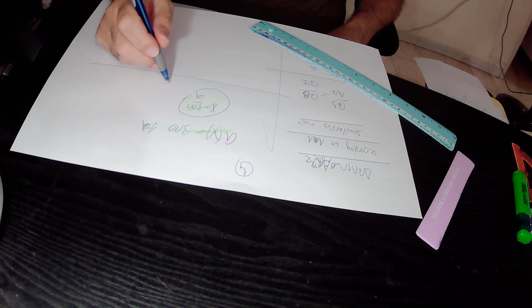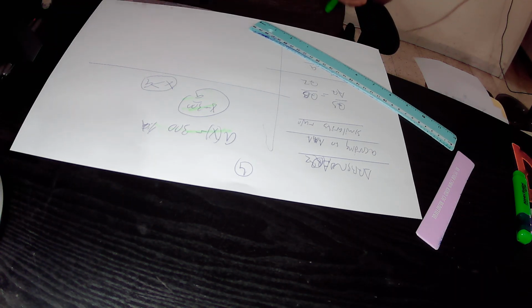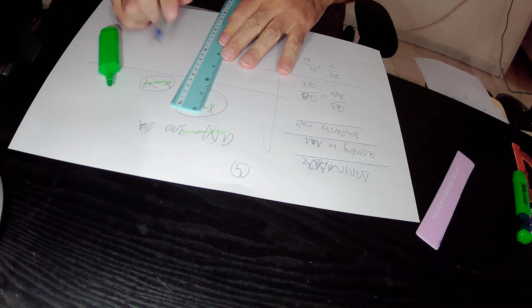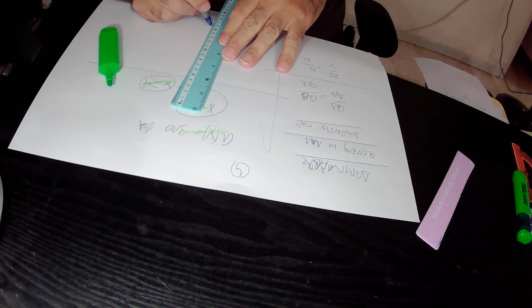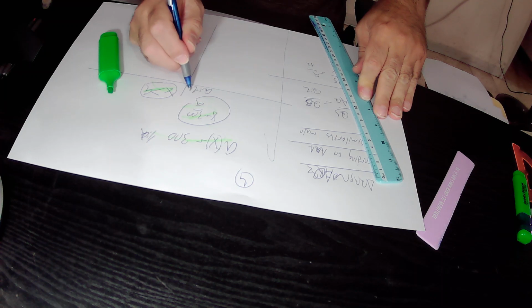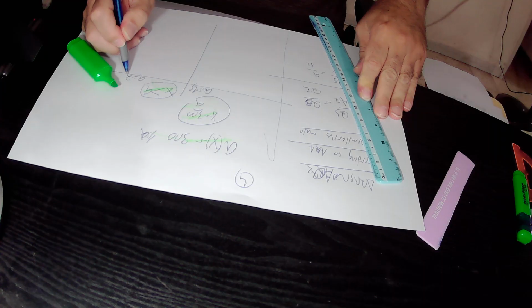We just found out that X is greater than A. We have two solutions that are possible for A. A will be equal to 15, or A will be equal to 20.